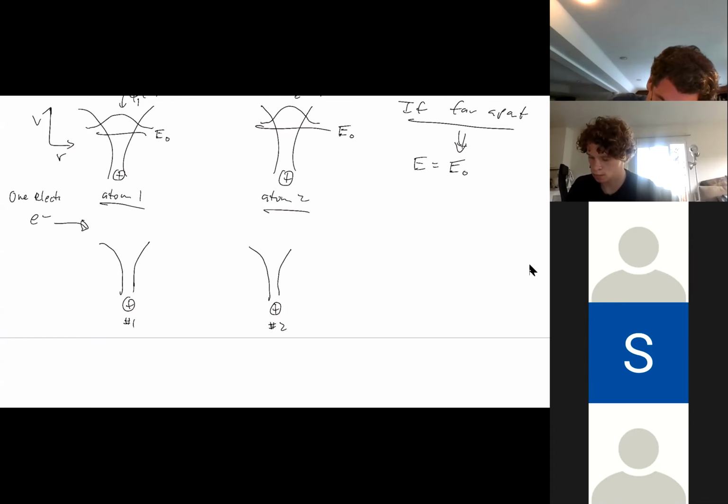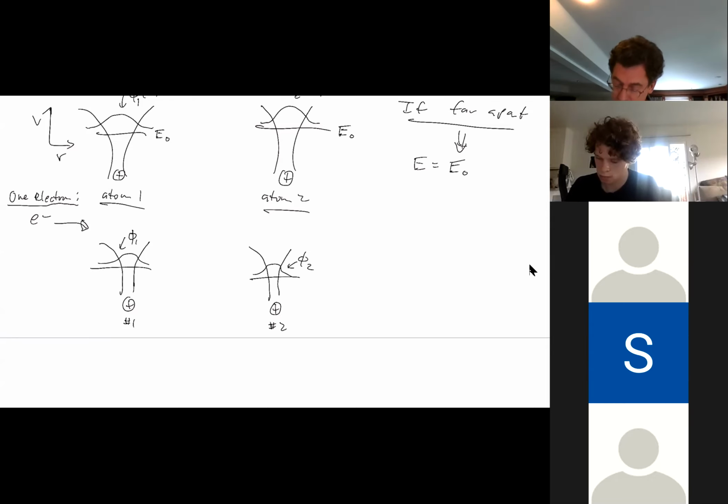I can throw my electron into atom 1, and it will sit in the state phi 1, or into atom 2, and it'll sit in the state phi 2.